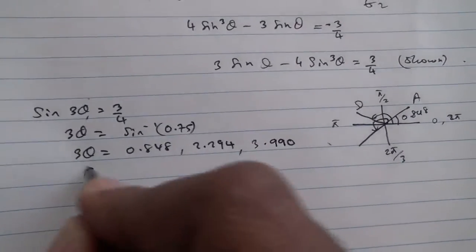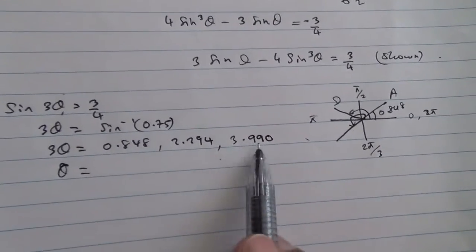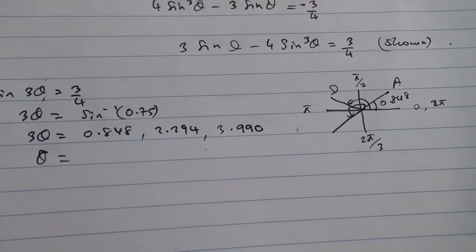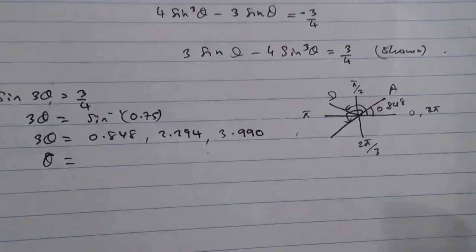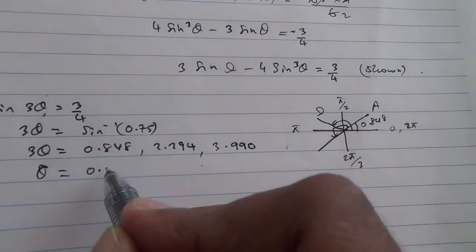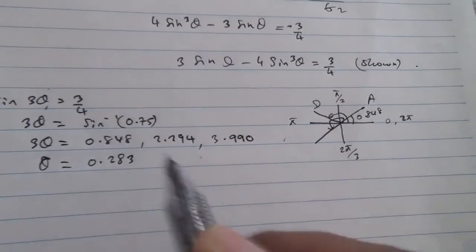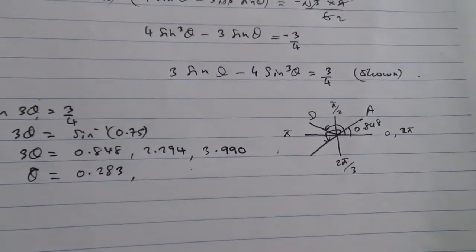All right, so theta is going to be, divide each one of these by 3, so you're going to end up with 0.848 divided by 3, which is 0.283.